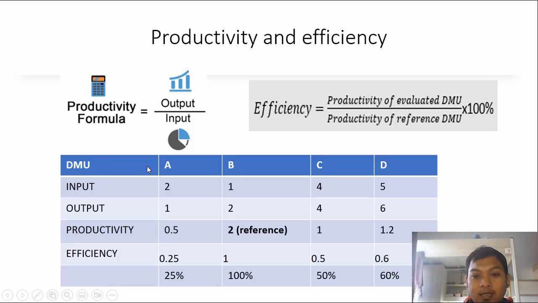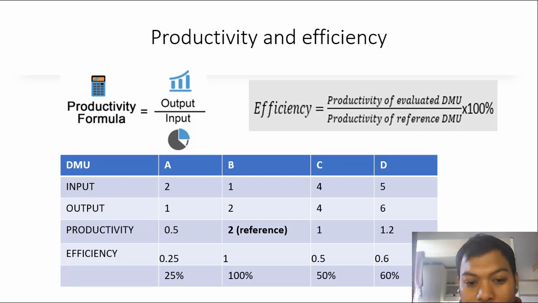There are four TMU: A, B, C, D, and this is the quantity of input, and this is the output, and the productivity is the ratio between output and input. And here we get the productivity, and TMU P is the best performance because it has the highest productivity.